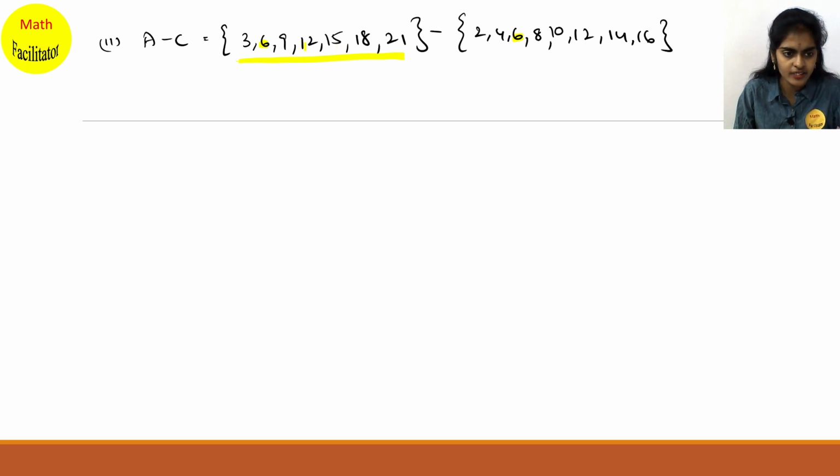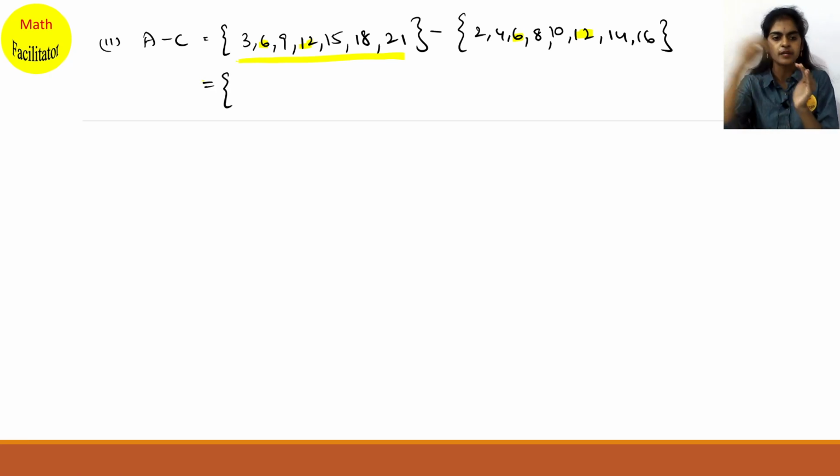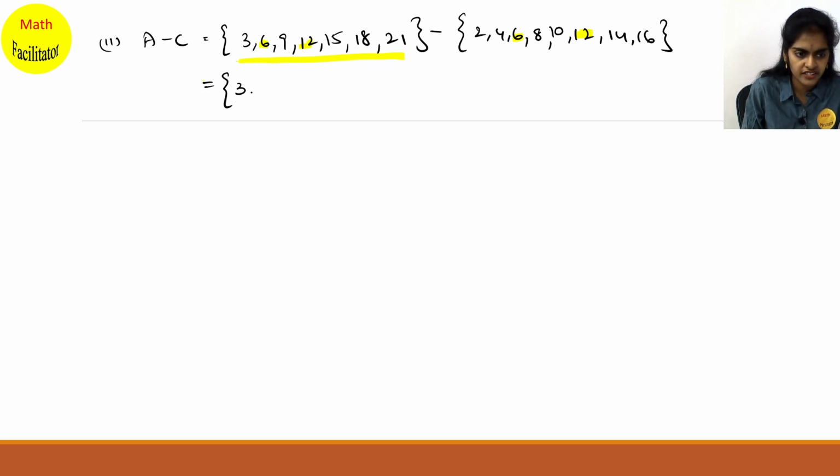Is there anything else common? 12 is common, and that's it. These are the two common elements, so we will remove them. From the set A, I am removing the common elements of A and C. So you have 3, 9, 15, 18, 21.